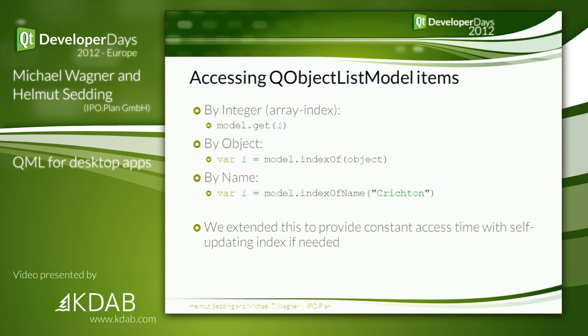You can ask the model what the index of an object with a certain name is. This usually goes linearly with the size of our list, but we extended the QObjectListModel here to provide constant access times. In the background, an index is made, which is also updated if something changes.